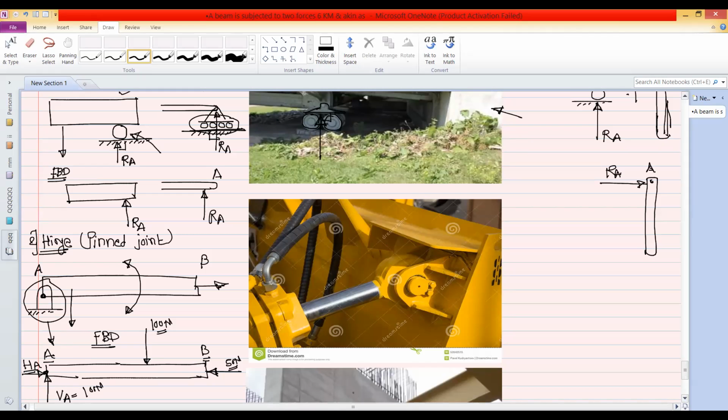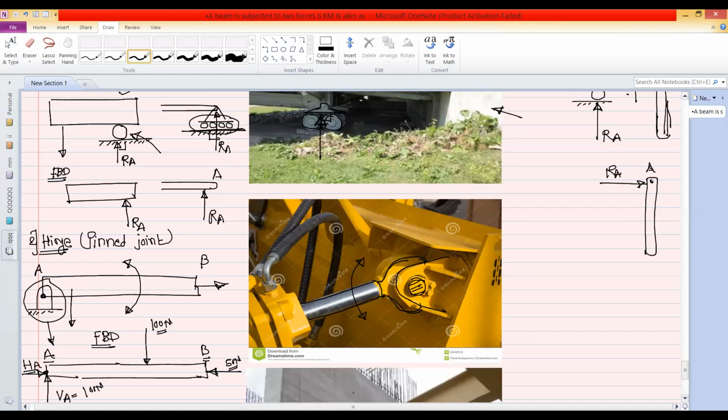So this is the excavator, and this is the hydraulic cylinder link. So this cylinder, actually this is a piston, it is connected with the help of a hinge joint. So this is the hinge joint, and it allows rotation about this point.